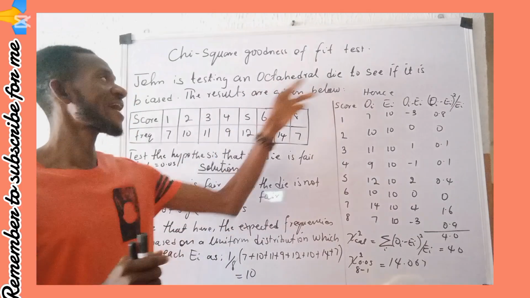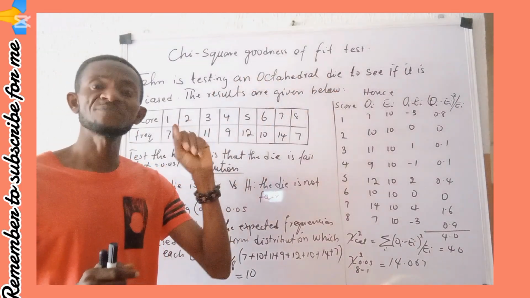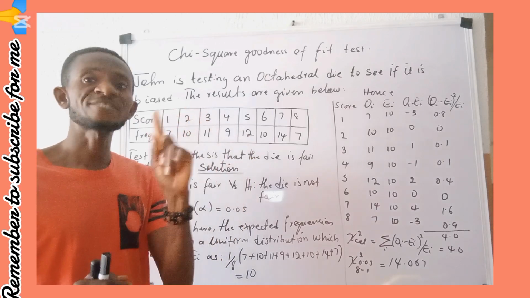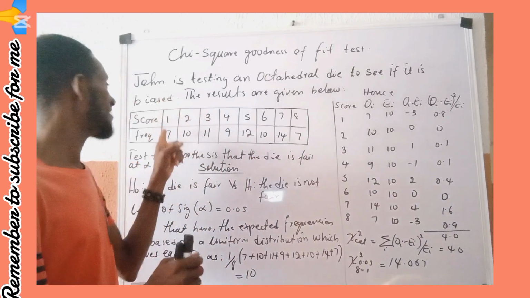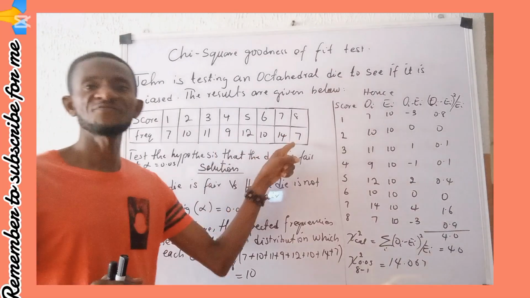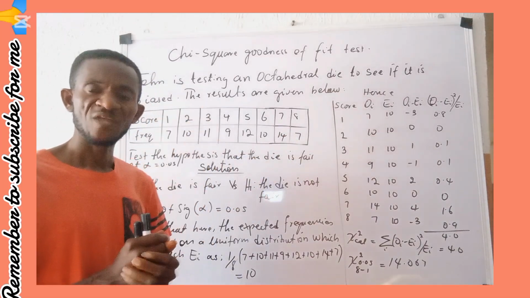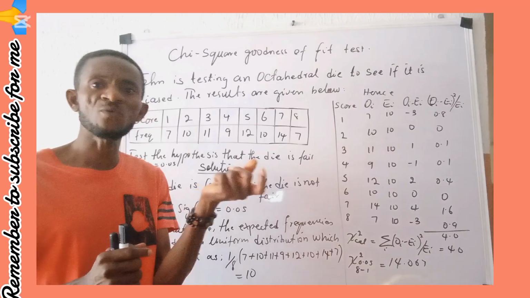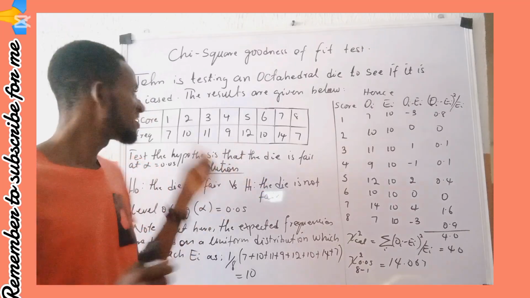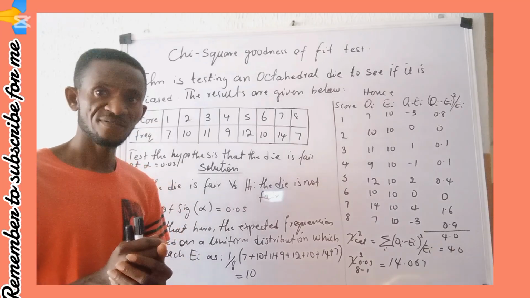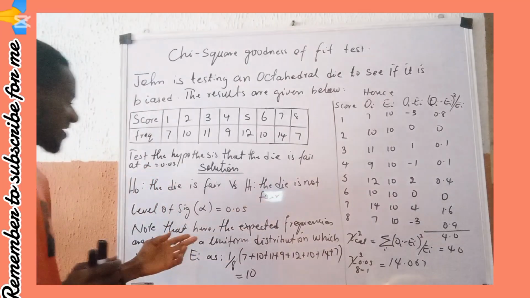So if this octahedral die must be uniform, it implies that the expected frequency in the first face down to the last face must be equal. And the expected frequency here is going to be the mean of all these observed frequencies.